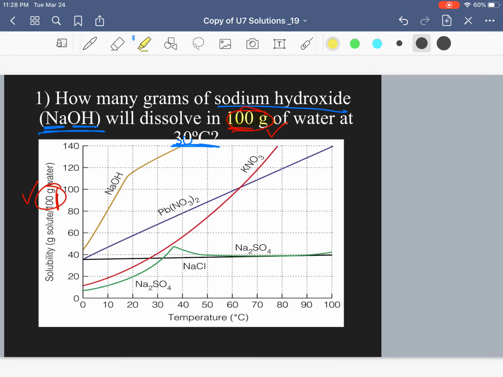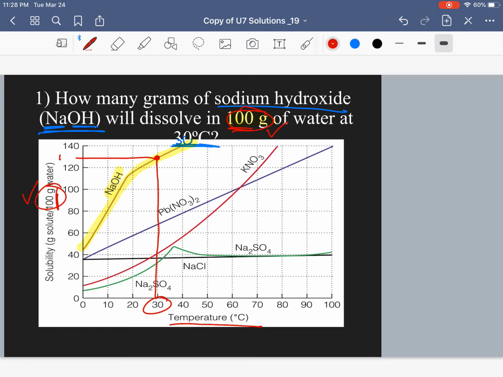So again, we said sodium hydroxide. Here's our sodium hydroxide line. And so that's what we're looking at. And it says how many grams will dissolve at 30 degrees Celsius. So we're going to go down here to my temperature and find 30. And you are going to follow it up until it intersects with that line. All right, so here's where it meets that line. That is going to tell us how much dissolves at 30 degrees.